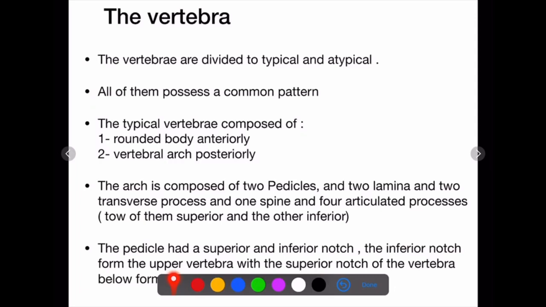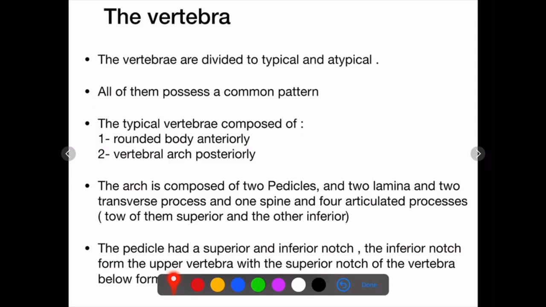يعني نقول أنه في السيستم كلهم هم الtypical والatypical have the same component or the same parts with some variation. The typical vertebra is composed of a rounded body anteriorly, vertebral arch أو القوس الفقري اللي هو posteriorly.